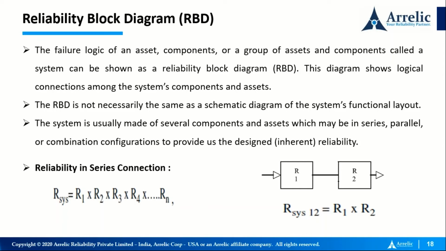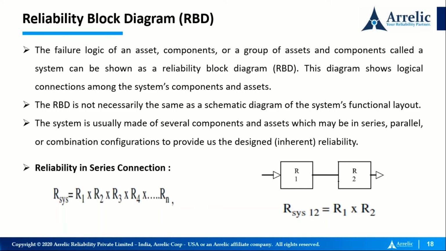The system is usually made of several components and assets which may be either in series or parallel. So components or assets can either be in series or in parallel. What is the meaning of series? What is the meaning of parallel? Series means that for the system to function, all the components in the series connection must operate.